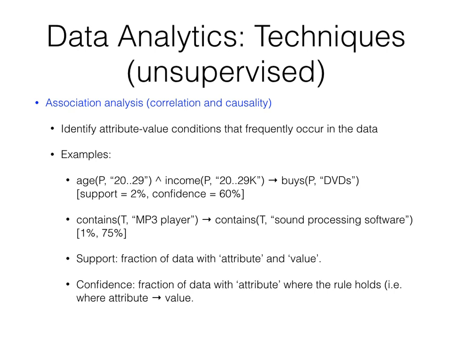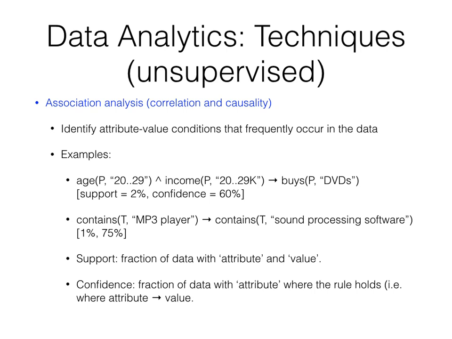Support and confidence are measures of how often the rule holds. So support is the fraction of the data with attribute and value, so how often you see these in combination in the data set. So if it has a high support, that means that this rule is quite frequent within the data set. And then there's confidence.